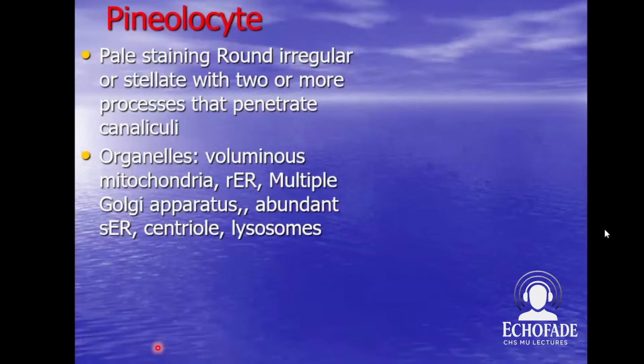What they secrete is indole amines. The predominant organelles we have here are mitochondria, rough endoplasmic reticulum, and then Golgi apparatus. We also have smooth endoplasmic reticulum, centrioles, and lysosomes. But the predominant ones are rough endoplasmic reticulum and mitochondria. Apart from this, we have, of course, microtubules for intracellular transport.